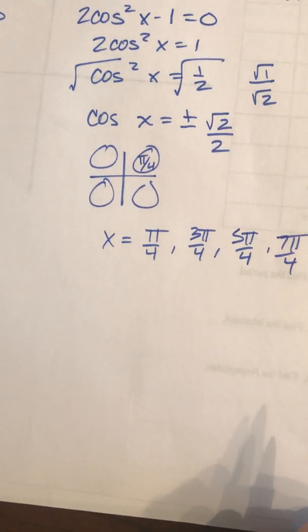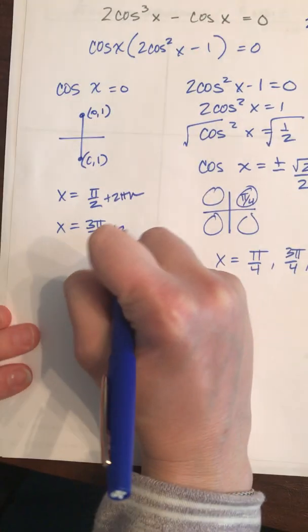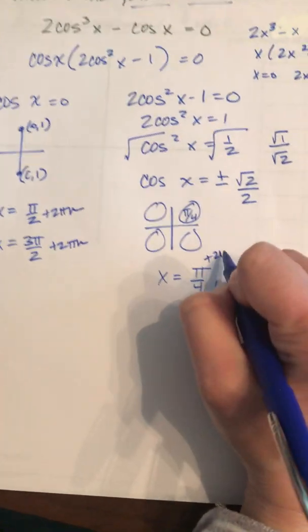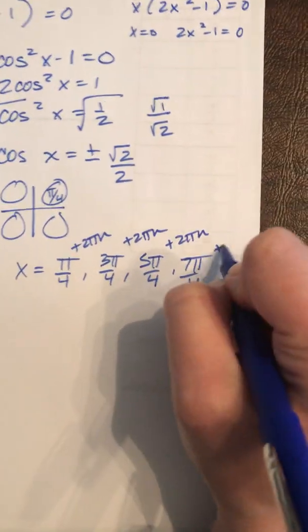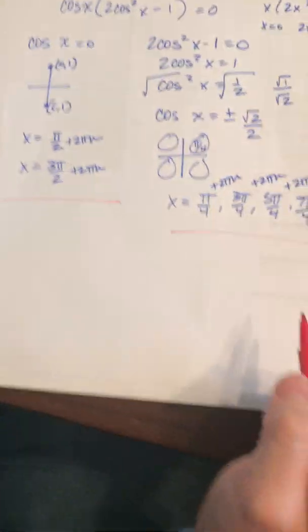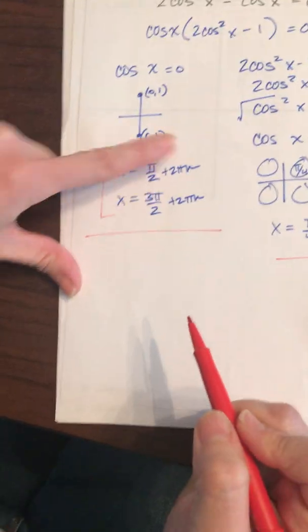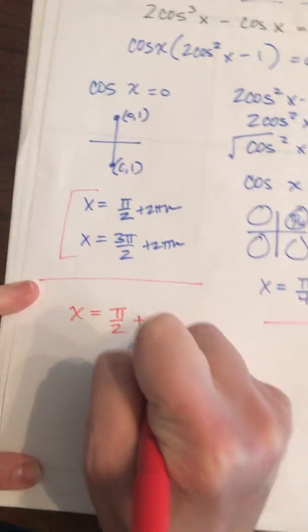Now, because we asked for general solutions, you could just add 2 pi n to every one of these answers. There's another way to think about this, though, and I just want to show you in case you care. Instead of writing it as 2 separate answers with 2 pi n, I could write it like this.